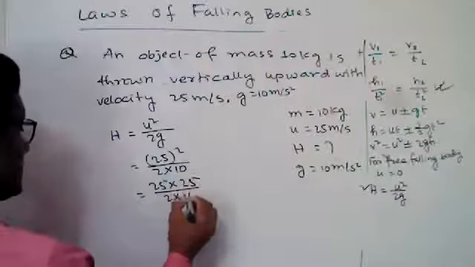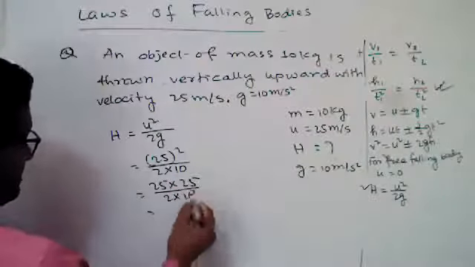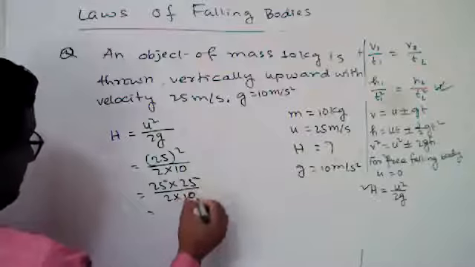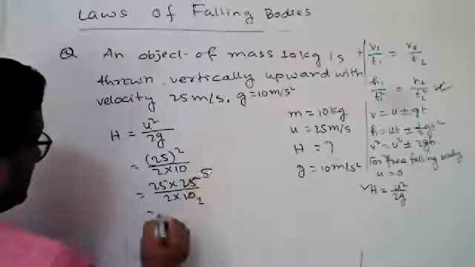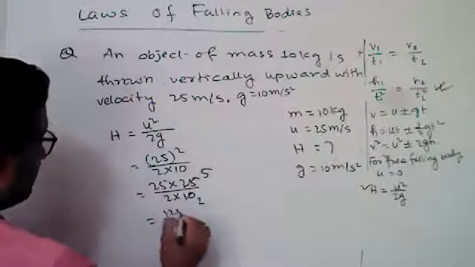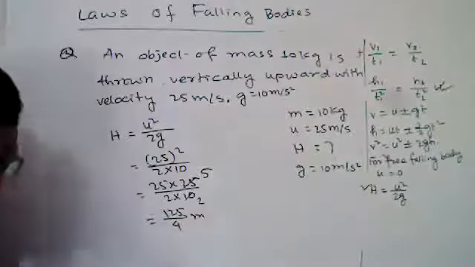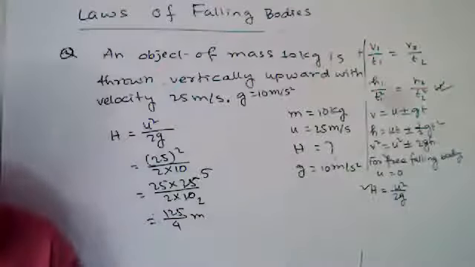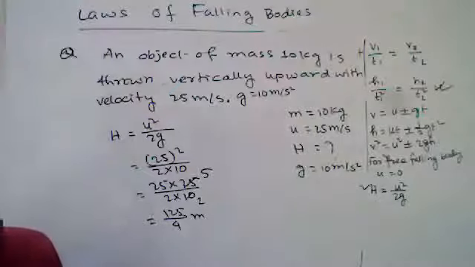So it will be 625 by 20, which is 125 by 4 meter. This is the maximum height.